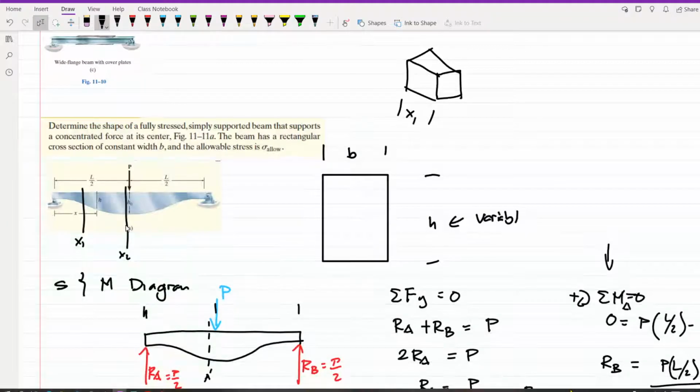Pagdating ng x2, kung ititrace natin, may panibagong h. Kunyari, kung may ibang h, depende sa formula. Ibig sabihin, yung shape nun is from here, magbabago. Kunyari, magaganyan. Ayan, ito yon.